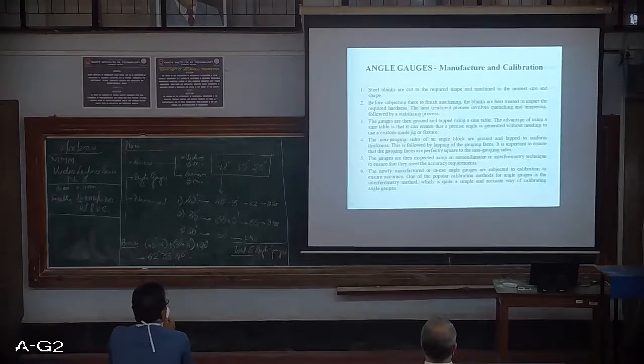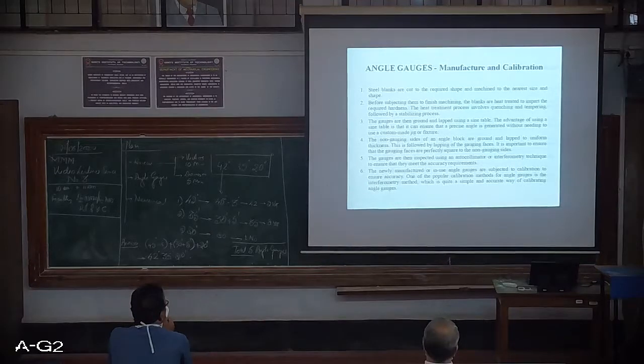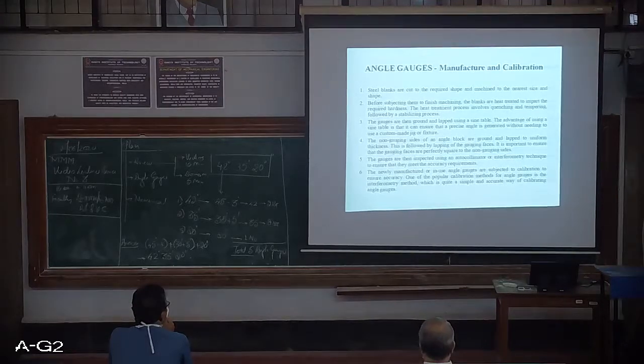The heat treatment process involves quenching and tempering, followed by stabilizing process. The gauges are then ground and lapped using a sine table. The advantage of using a sine table is that it can ensure that a precise angle is generated without needing to use a custom made jig or a fixture.